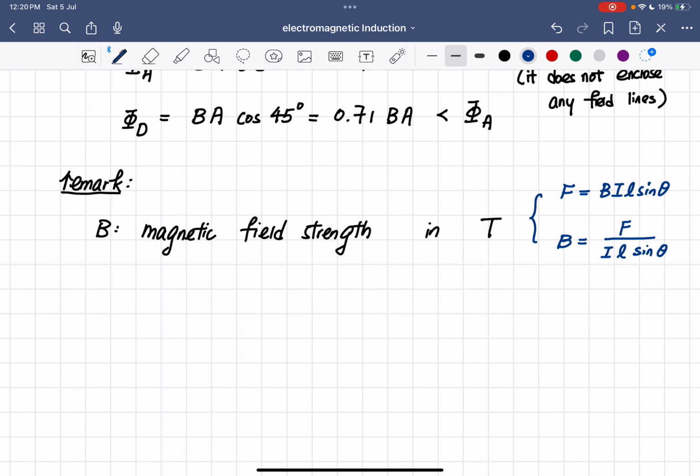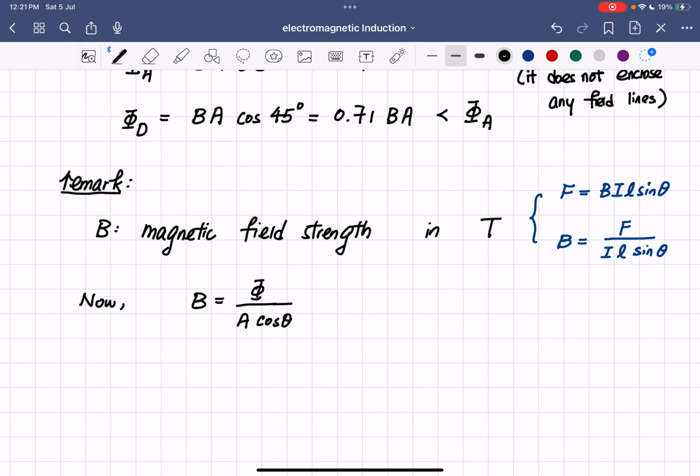But now, we have another equation related to B, which is the magnetic flux. We can write B equals magnetic flux over area cosine theta.